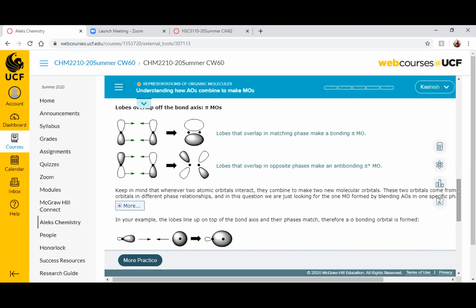Right there. So when you see the lobes above and below the nodes, which are just the black dots, they're usually going to be pi orbitals. When they are consuming the dots, then it's going to be a sigma orbital. Okay? Does this all help clear up how molecular orbitals work and how to determine how to make them when given two orbitals?